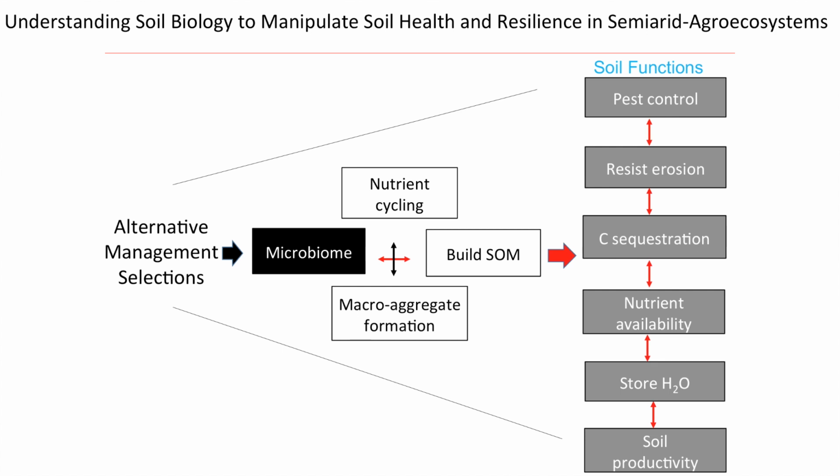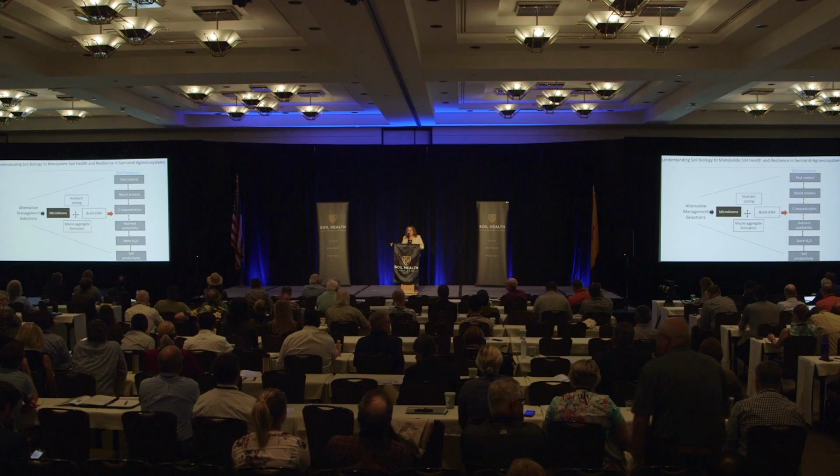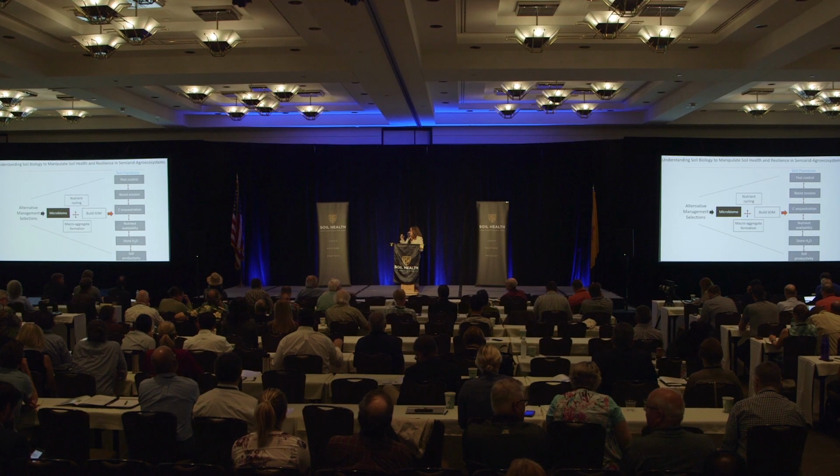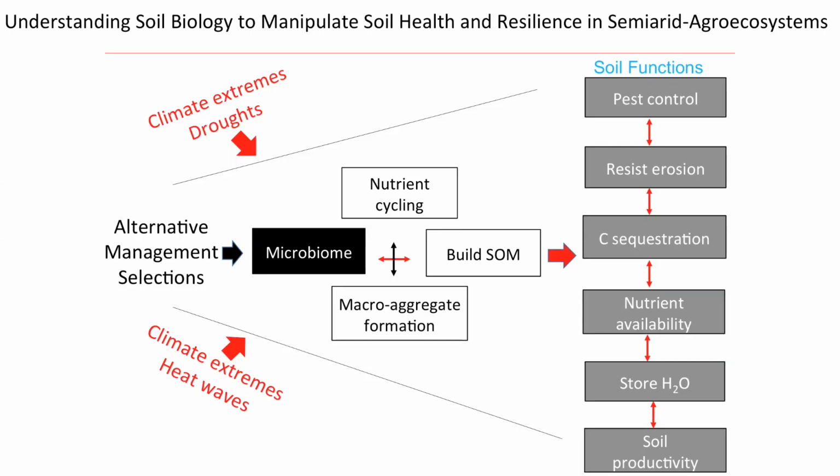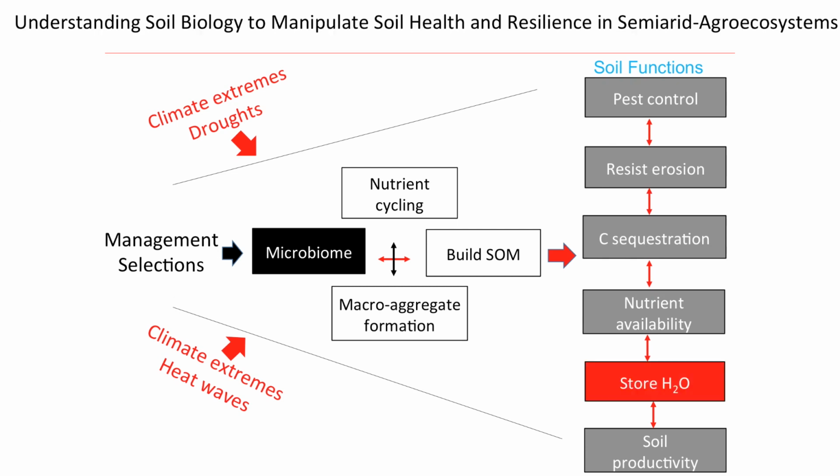I think that there are more research and linkages that have been established in other soil functions, and we need to do our research coordinated to look at the impacts of the climate extremes, do more frequent samplings, and then also this region and similar regions like this, we should concentrate research on what changes in the microbiome and other soil properties could be linked to increases in the soil water holding capacity.